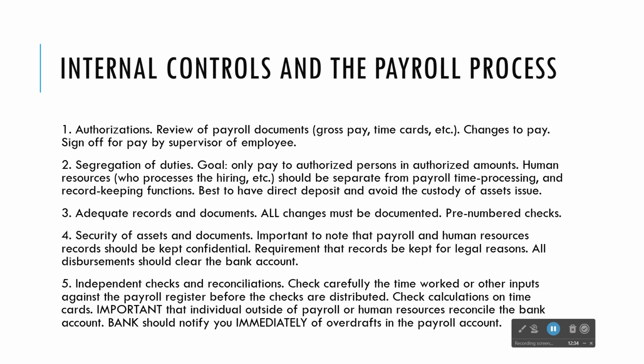Payroll and human resources have a lot of records that have to be kept confidential. And one of the most important bits of it is the Social Security number. So when you look at this SUA packet, you're going to see records with Social Security numbers on them. That's not done today.